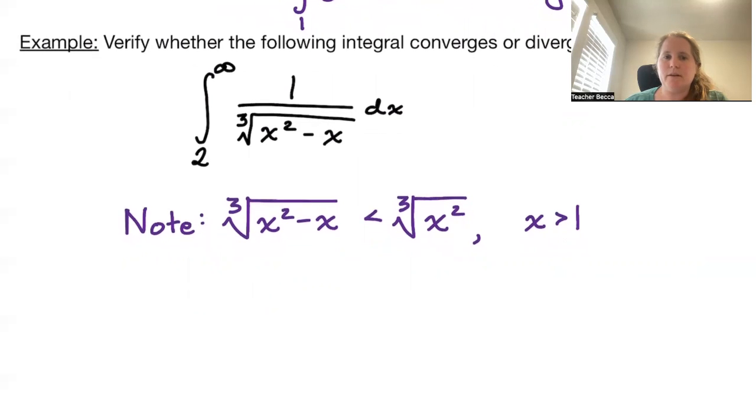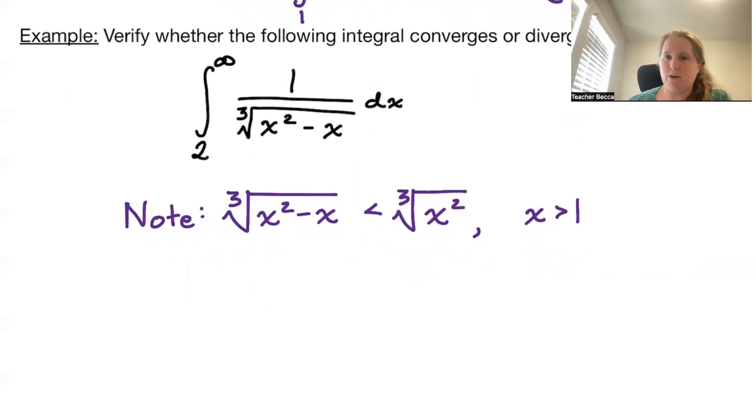And so what we get is, cubed root of x squared minus x is less than the cubed root of x squared for x greater than 1. We could do x greater than 2 as well.